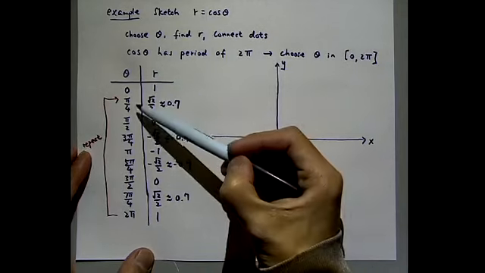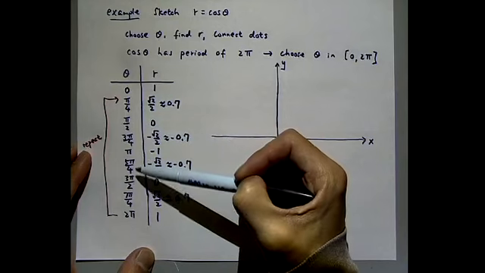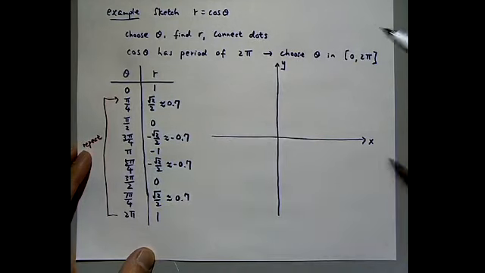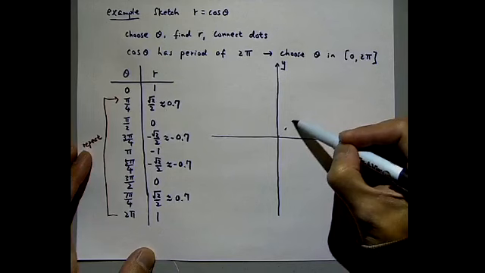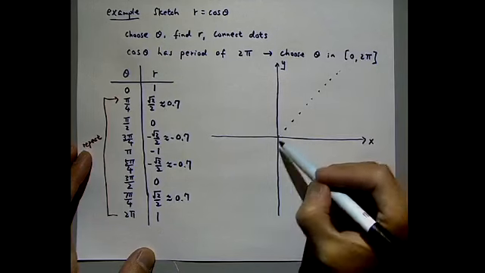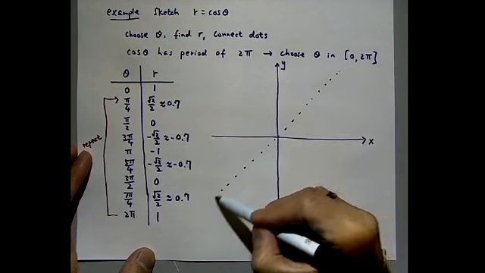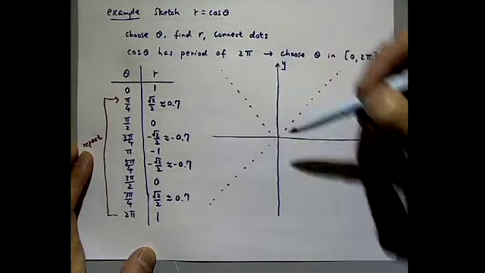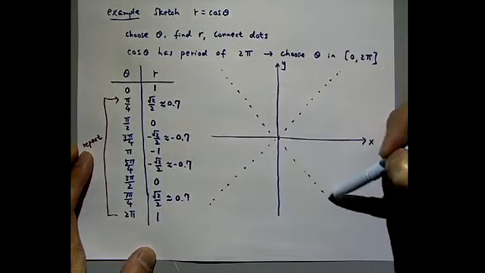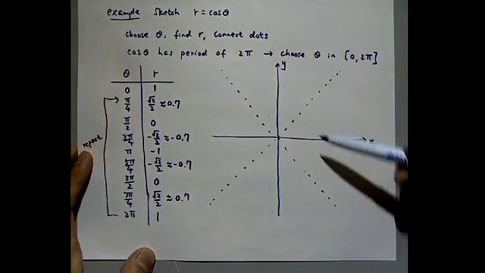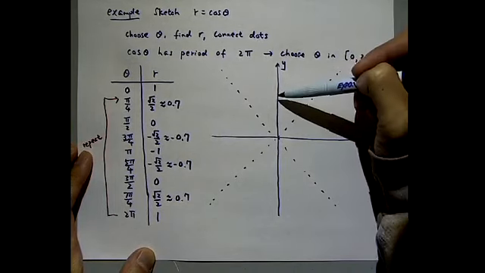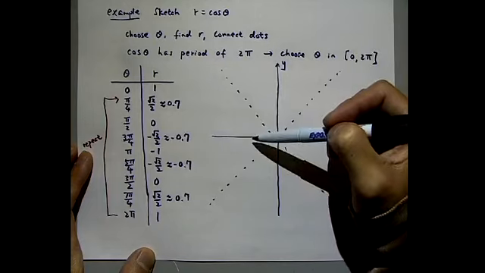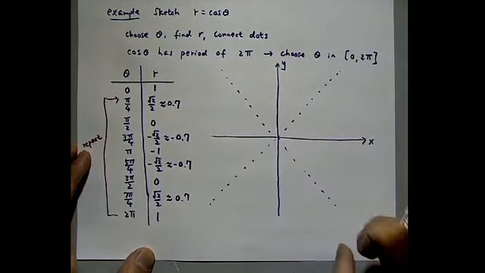And I chose the theta values to go in increments of pi over 4. To help me sketch these things, I'm going to put these two dashed dotted lines here because these are pi over 4s. 1 pi over 4, 2 pi over 4, 3 pi over 4, 4 pi over 4, and so on, right?